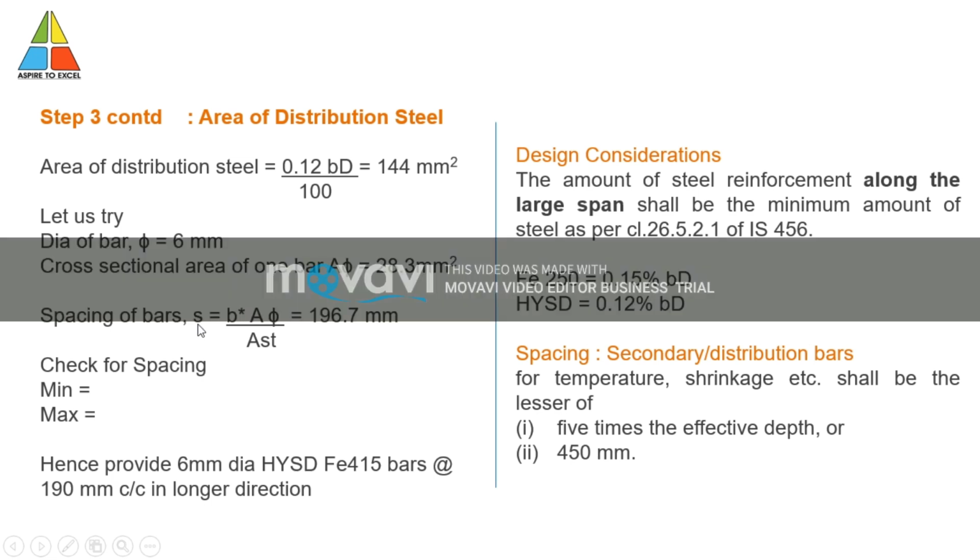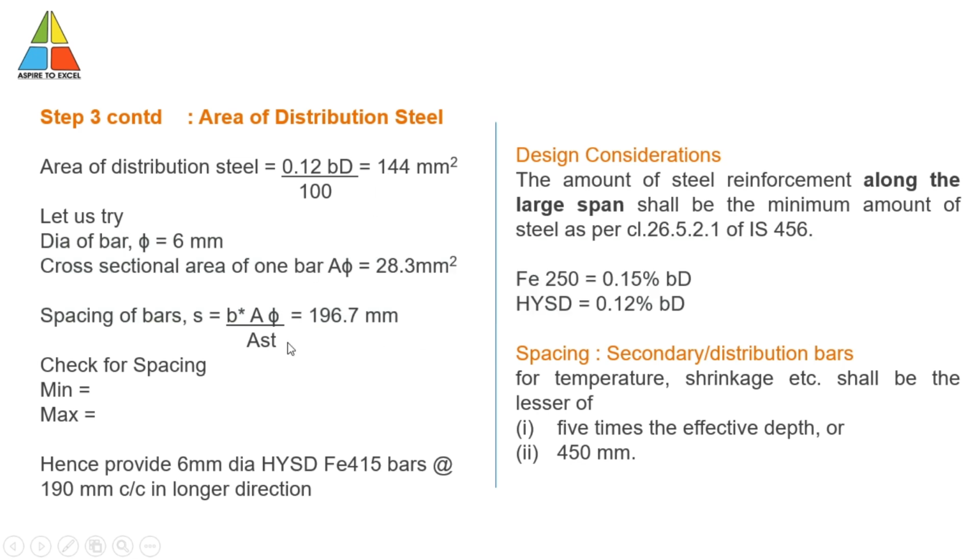So the spacing would be B Aφ divided by AST. B is 1000, Aφ is 28.3, AST is 144. So the spacing works out to be 196.7. Again you can cross check whether this spacing is more than minimum and less than the maximum value.